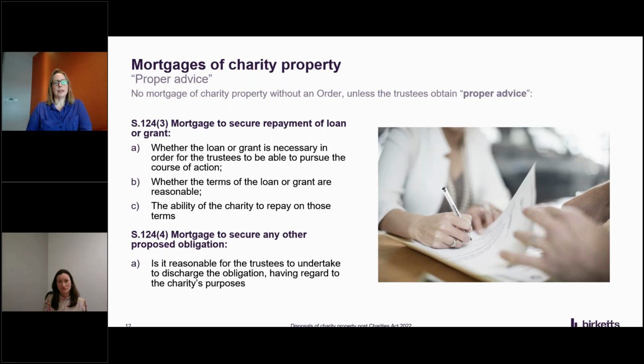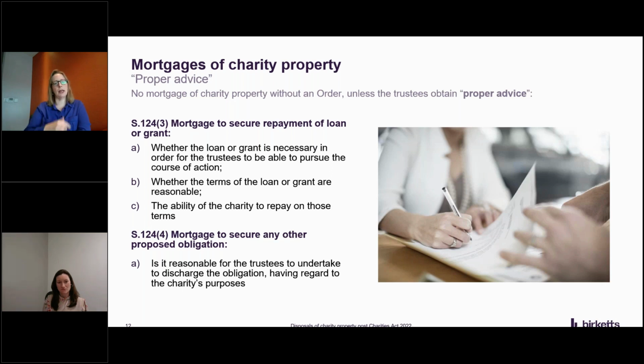As we've said, it's been clarified that this advice can now be given by somebody in the charity. Again, consider whether that's appropriate, and that will really depend on the circumstances and the nature of the loan for your charity.